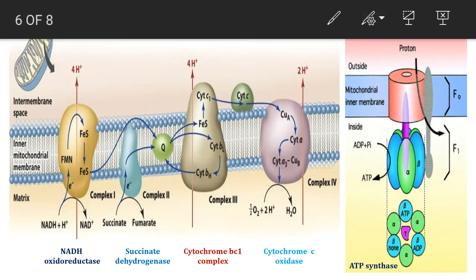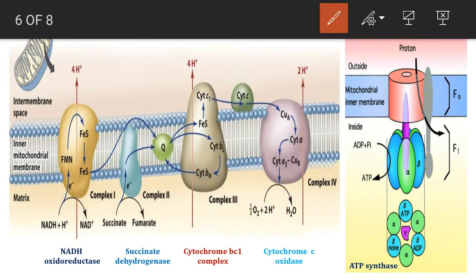Now let's have a look at this diagram. This represents the electron transport chain. Here, this area is intermembrane space, that is the space between inner membrane and the outer membrane of mitochondria, and this is the matrix phase. This is the inner mitochondrial membrane, which is actually studded with the enzymes for the electron transport chain.